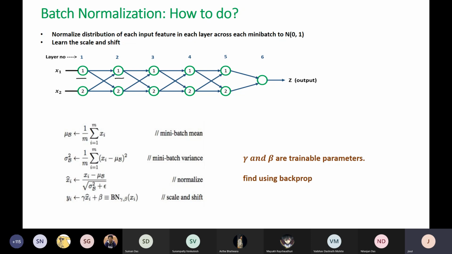Now basically there are 4 things we have to do. The first thing is that this has to be done per mini batch. Here you can see M is equal to the number of samples, the mini batch size.